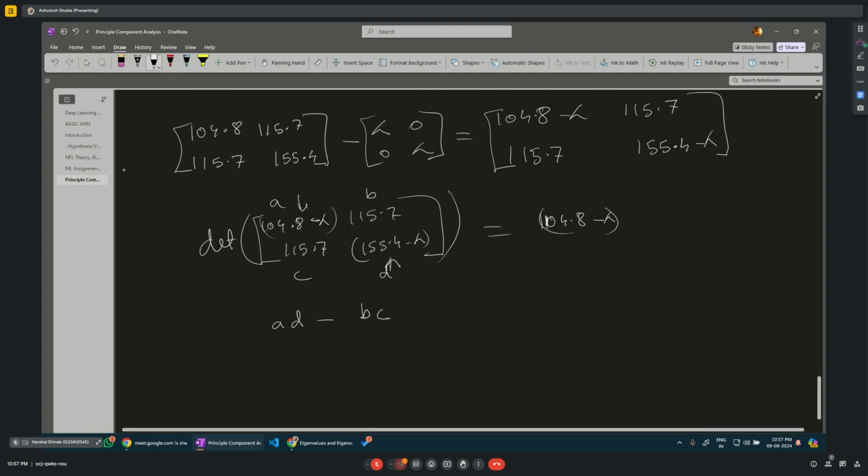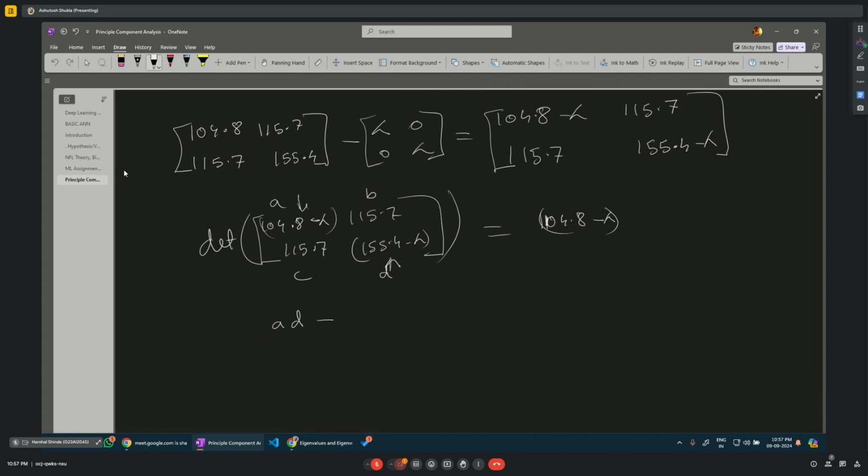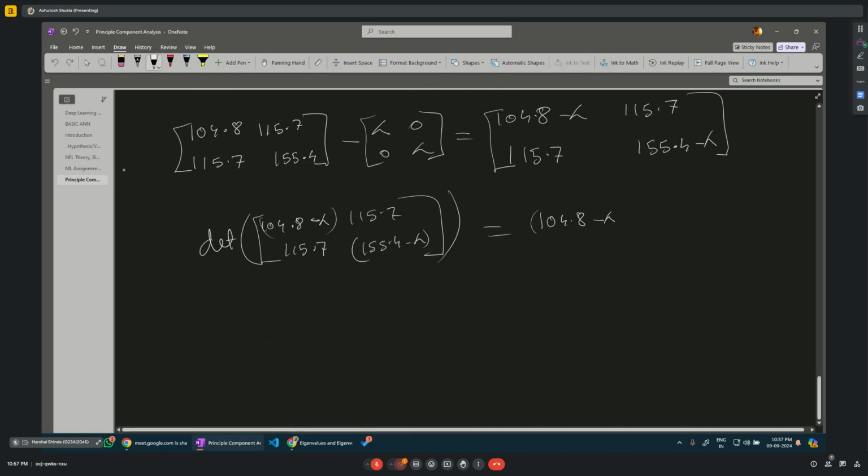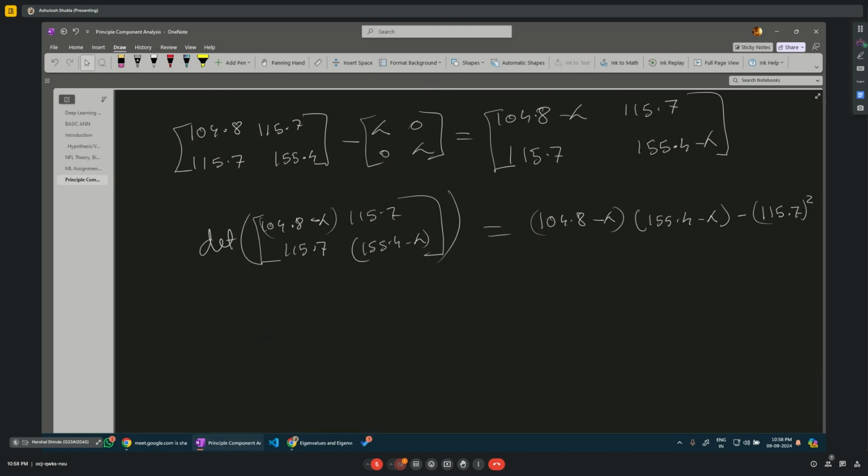You subtract those. So 104.8 minus lambda multiplied by 155.4 minus lambda, and minus 115.7 multiplied by 115.7, which is the square of this. So let's take out our calculators and solve this.